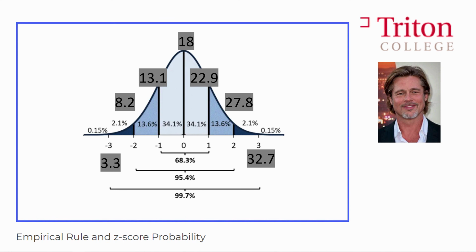The empirical rule tells us that 99.7% of our values are going to be between 3.3 minutes and 32.7 minutes. So 99.7% of our observations are going to be between 3.3 minutes and 32.7.